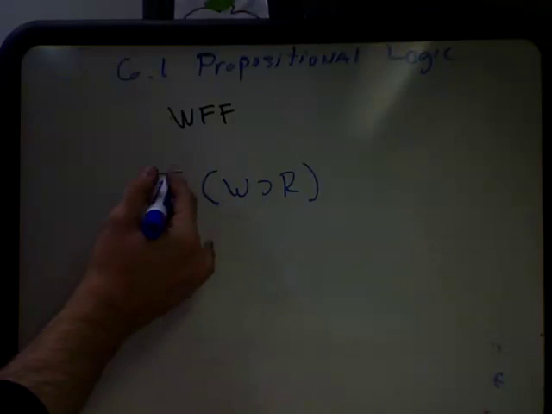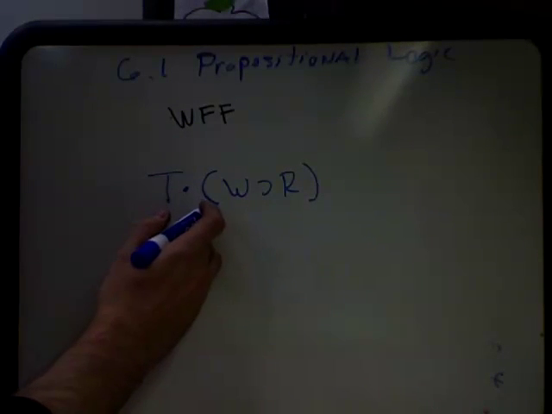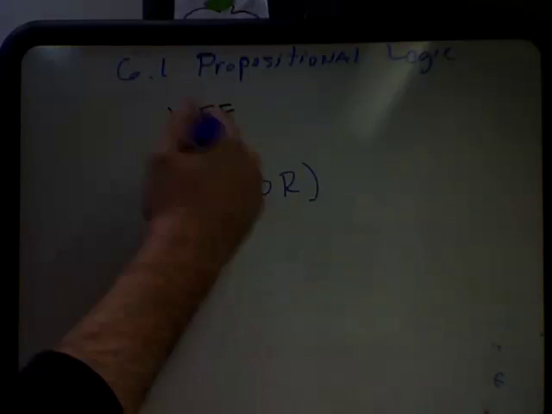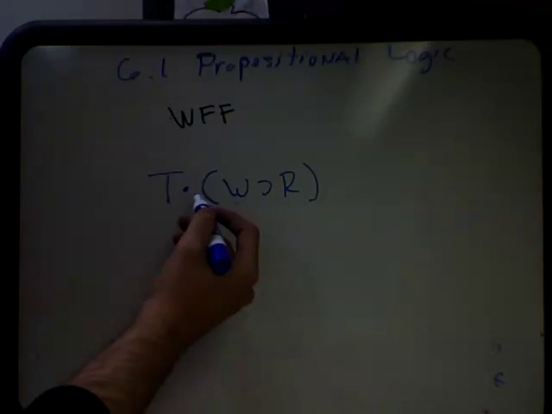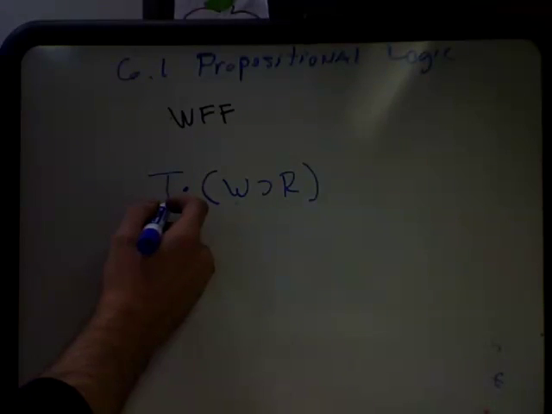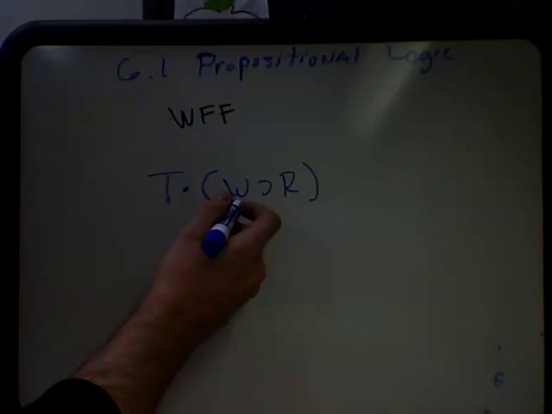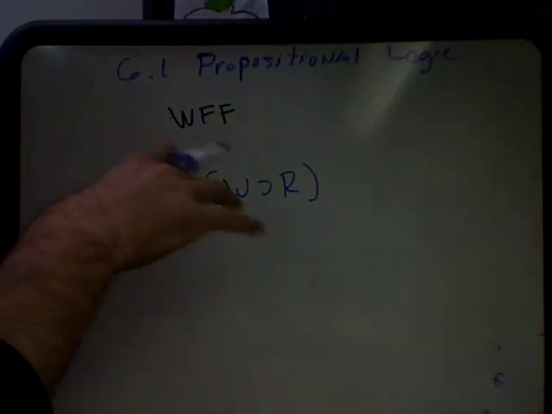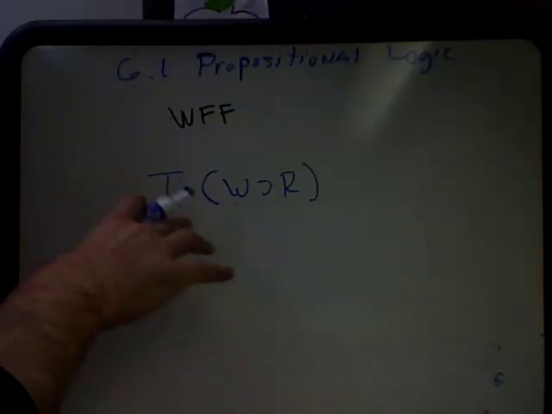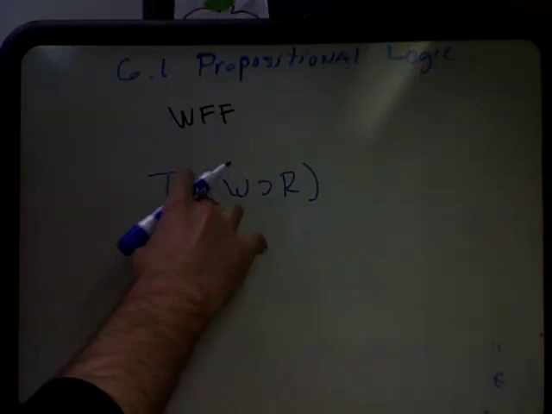This makes sense because this is saying you have T and you have if W, then R. So let's say, for instance, it means something like this: it's time to go, and if it's winter, then you're going to need a coat. Maybe something like that, but that's how we would represent it. This is well formulated in this case, because everything makes sense.